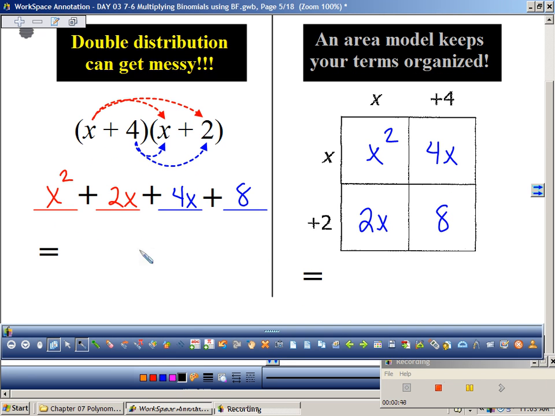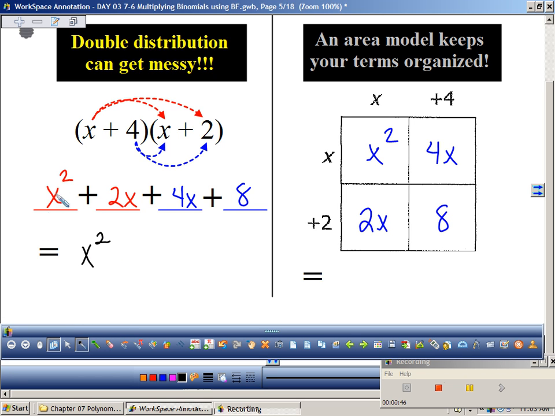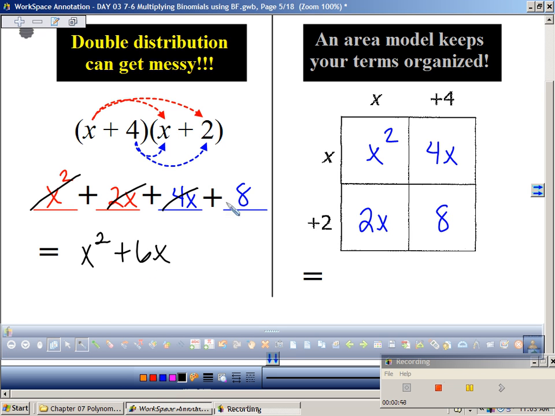So I'm going to go ahead and combine like terms now. I've got an x squared. Do I have any more x squareds that I can combine? No, so I'm just going to write down x squared. I've got a 2x. We're done with that one. I'm going to cross it off. I've got a 2x and a 4x. I can combine those to make 6x and a positive 8.